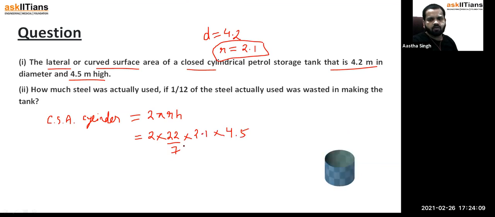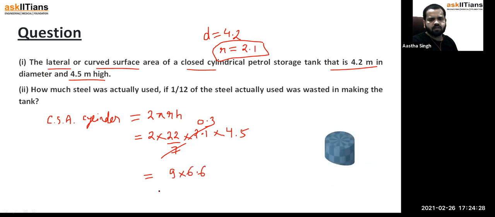Okay. 7 will cut 2.1 into 0.3. So 4.5 into 2 will become 9. Do the calculation by yourself, right? And 22 into 0.3 will become 6.6.